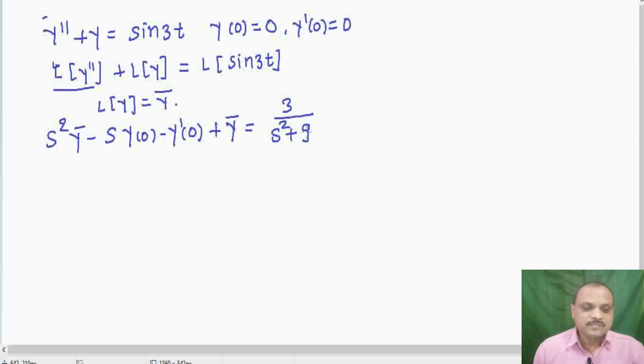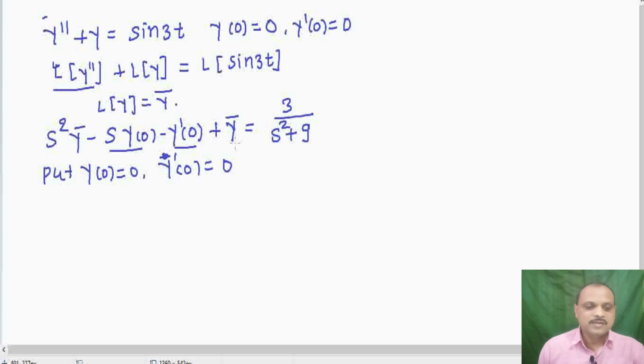Okay, now in this we have to put y at 0 equal to 0, y dash at 0 equal to 0. So these two terms will be 0, and what remains here? y bar into s square plus 1, y bar common, equal to 3 divided by s square plus 9.